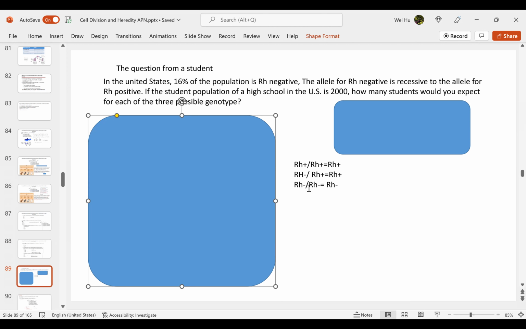Rh negative is recessive. You must have two recessive, meaning you don't have antigen on your red blood cells, then you get Rh negative. Okay, so dominant and recessive. So let's try.